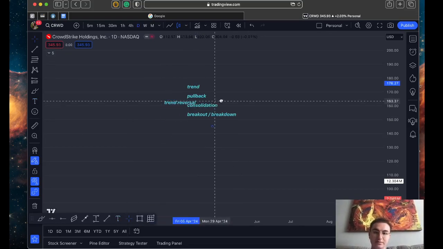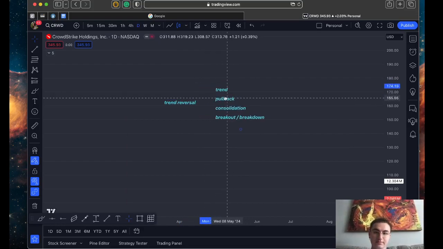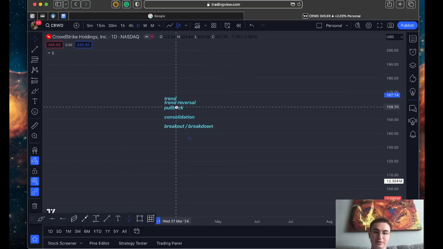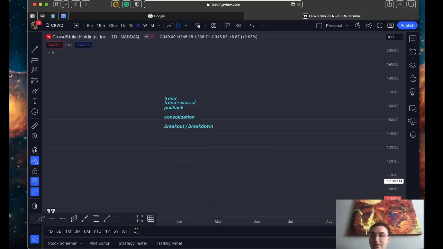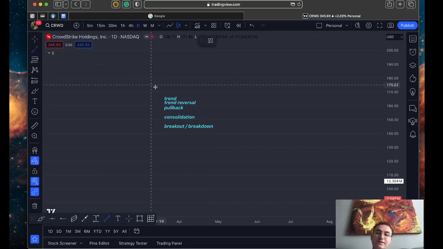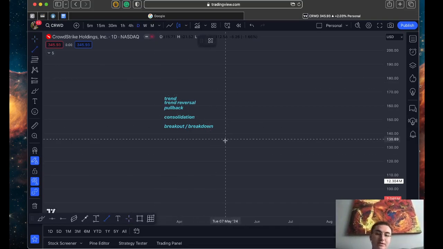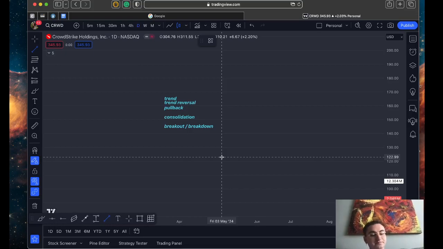These are the main terms we're going to be looking at: trend reversal, pullback, consolidation, and breakout slash breakdown. I'm going to assume, for the simplicity of this, that you don't know what any of this means. That's why we're going over it.